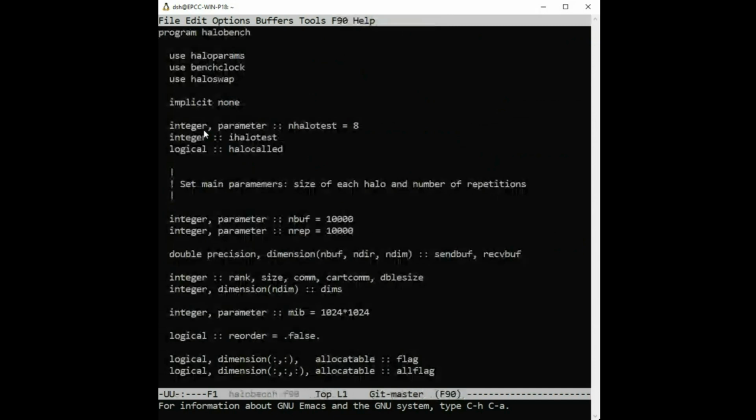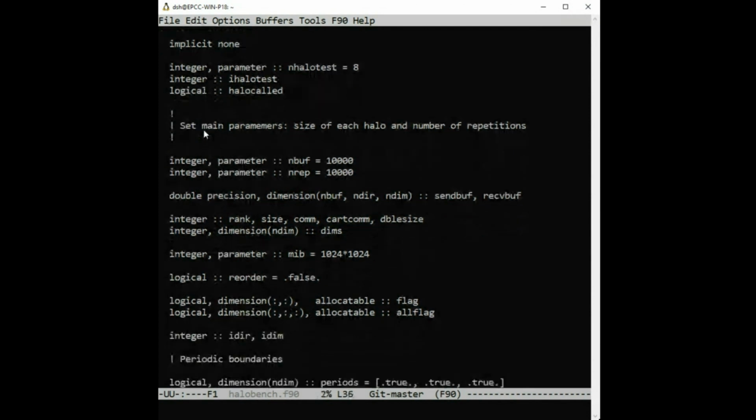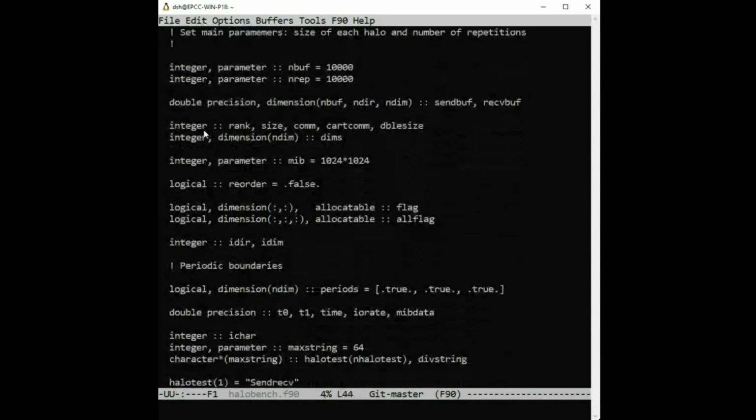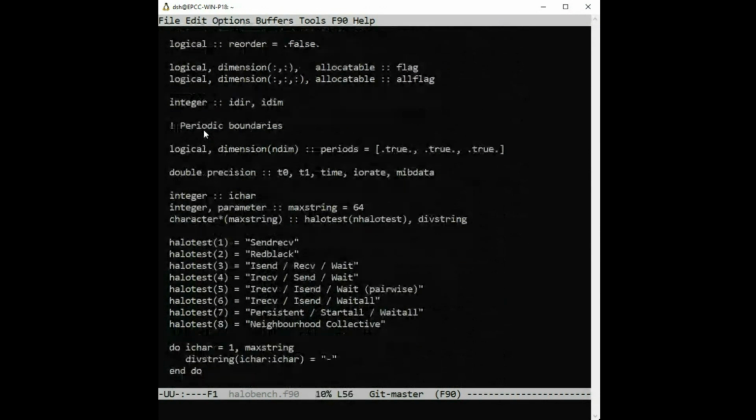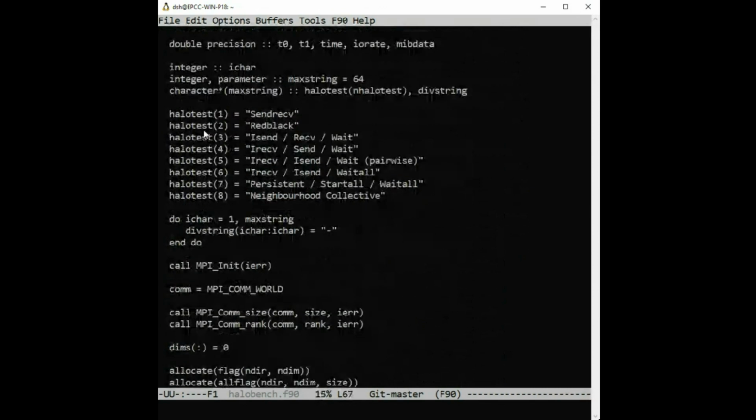Basically, it has 8 halo tests, as you'll see here. By default, the messages are 10,000 items, where the items are double precision.